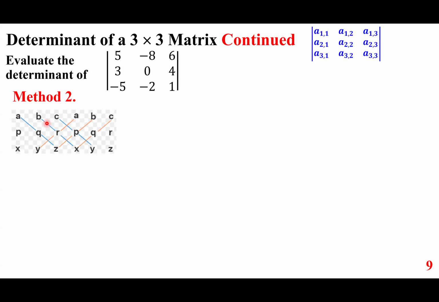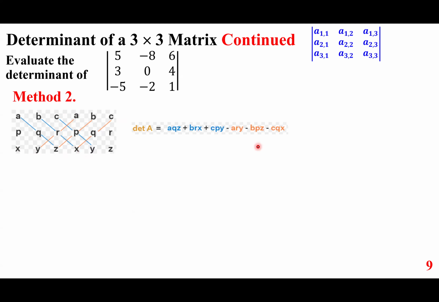So understand this is being repeated. And you start from the top left and you multiply them, add them up. And then afterwards, after you're done with the 3, then you go this way diagonally, the opposite way, multiply, add them up. Now the blue ones minus the red ones are the answer.